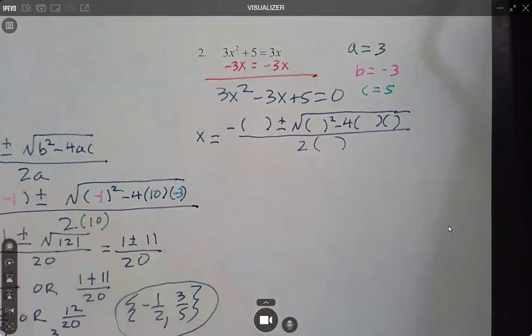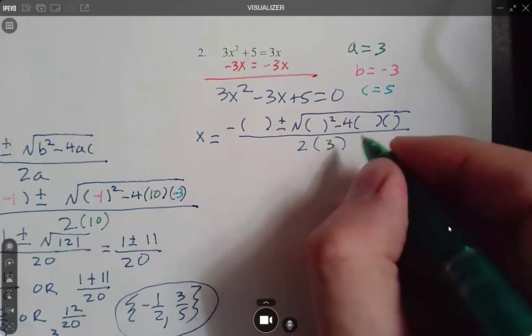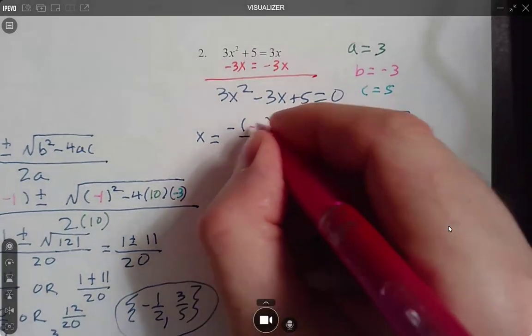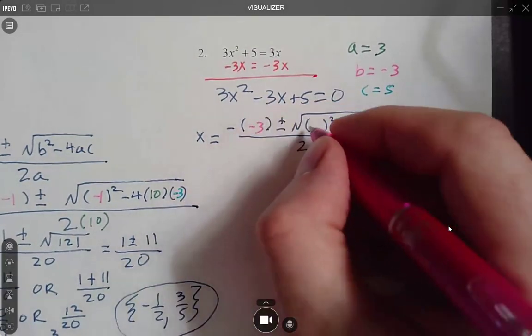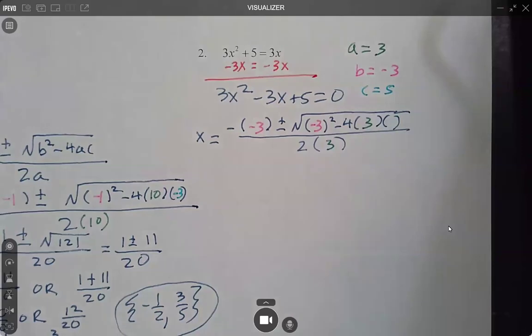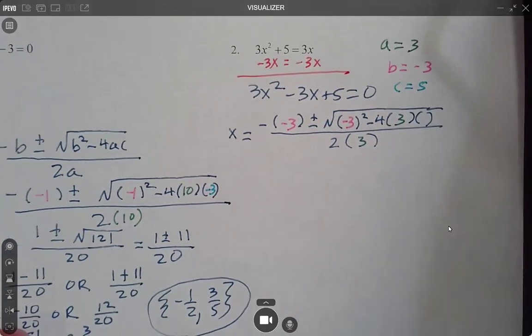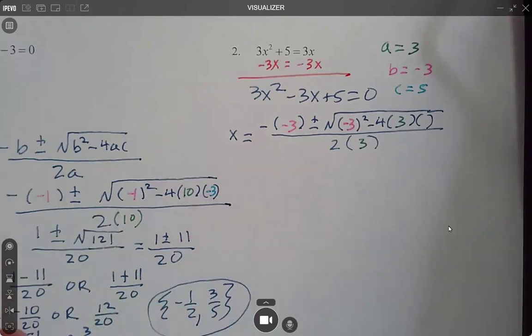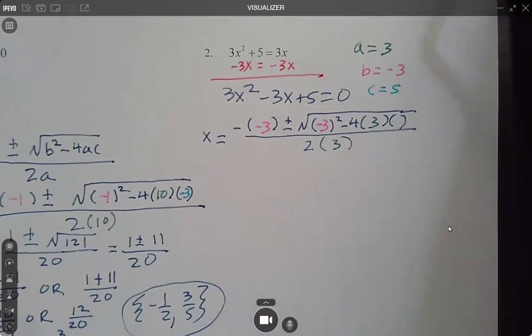A here would be 3, so we'll stick that here and here. B is -3, so we'll stick that here and here. And if you need to cheat, you can read off your quadratic formula over here. And then C here is 5, so we're going to stick that here.